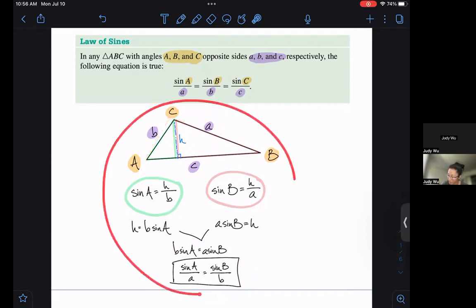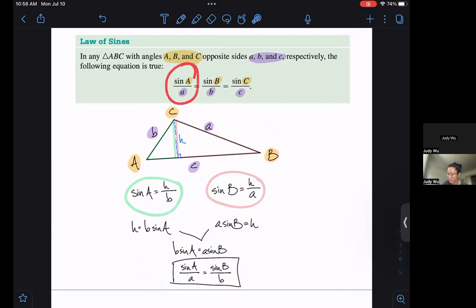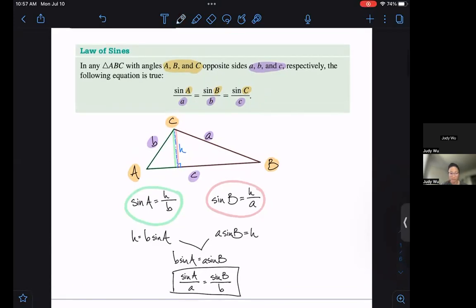And I go through the same process again, I'm going to get sine A and sine C, or I'm going to get sine B and sine C, okay? So basically, when we repeat the process, we'll end up getting the entire law of sines, all right? So that is where it comes from, okay?